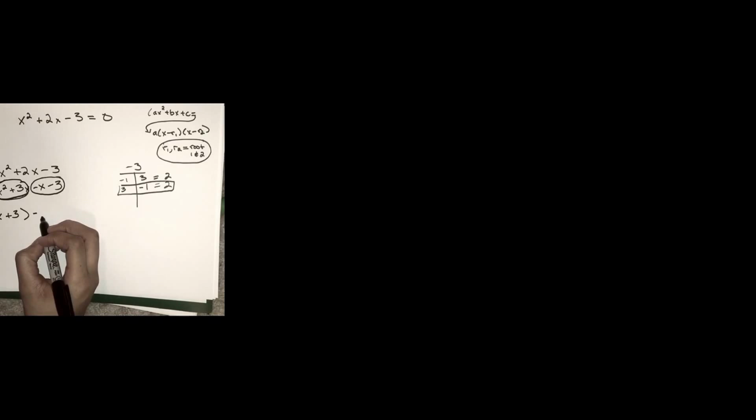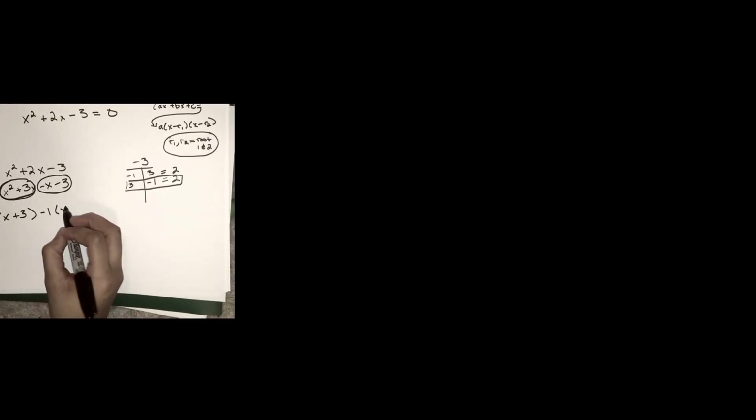So you do minus 1 times x plus 3. Once you've gotten that, you put these two together, which would be x minus 1 times x plus 3, because this one is the same as this one right here. And the roots are always opposite of what's inside the parentheses.